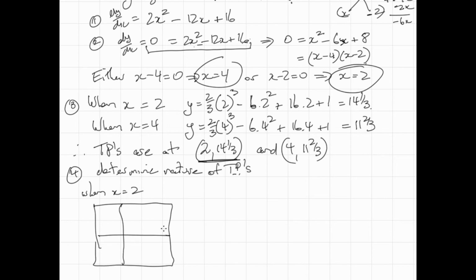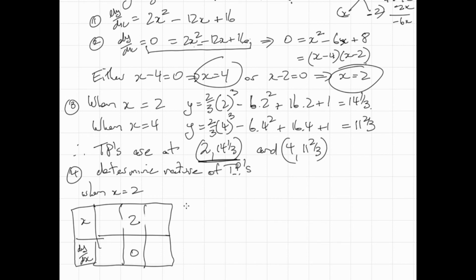We need 3 columns here. So we've got our x value, and we've got dy dx. We know when x is equal to 2, dy dx is equal to 0.